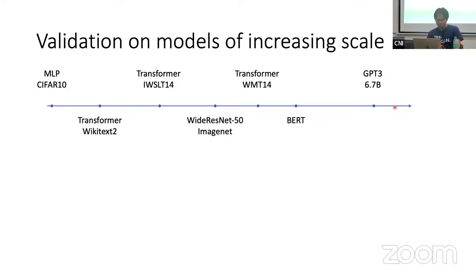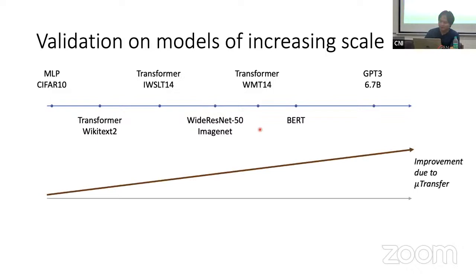So to summarize the results, whose details you can always refer back to in the paper, there are two dominant trends when you look at the pattern here with models of varying scale. So the first is that when you try to apply μTransfer to these models, you can always compare it to the best hand-tuned baseline.